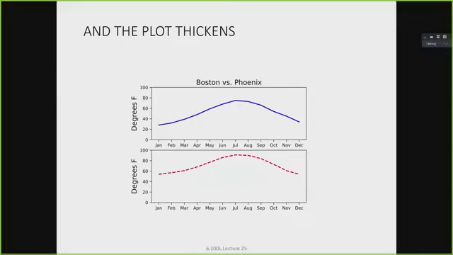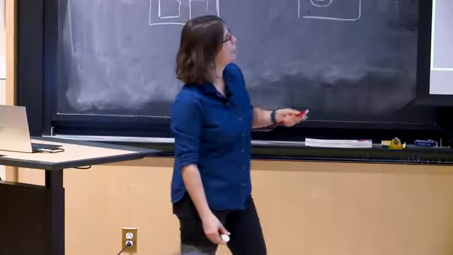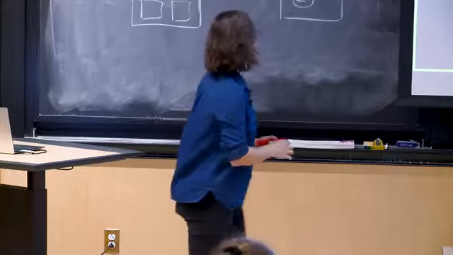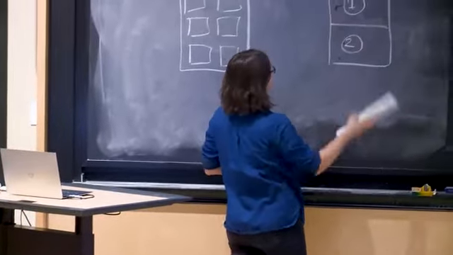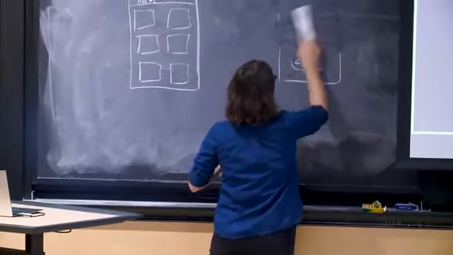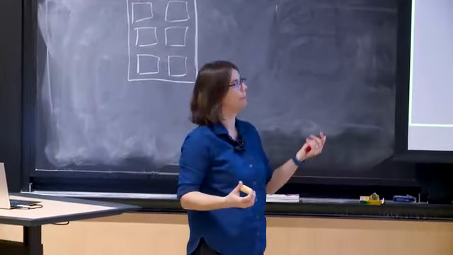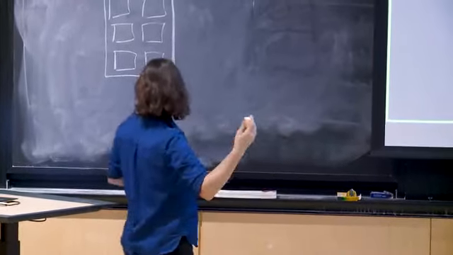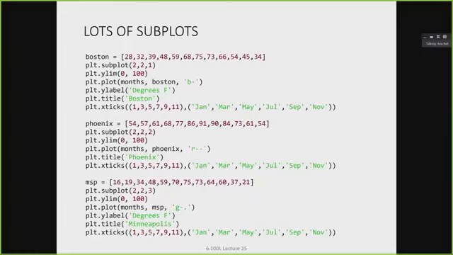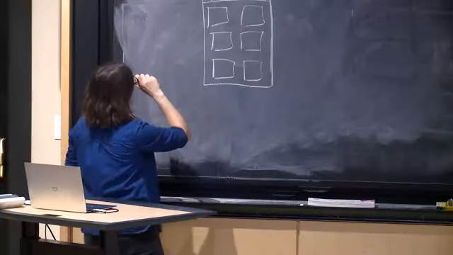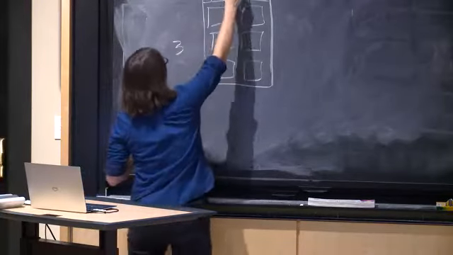Okay. So now we can create multiple subplots. In the previous example, I just had two, top and bottom. But I can create as many subplots as I'd like within my window. So when I create them, I tell Python how many rows and columns I have, in this particular example I just drew here, I have 3 rows, right, and 2 columns.